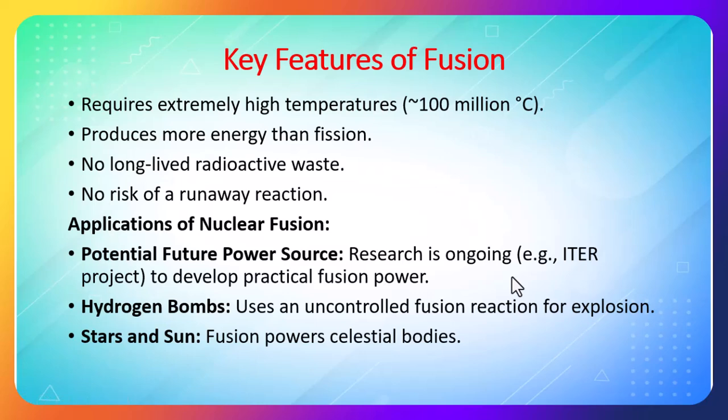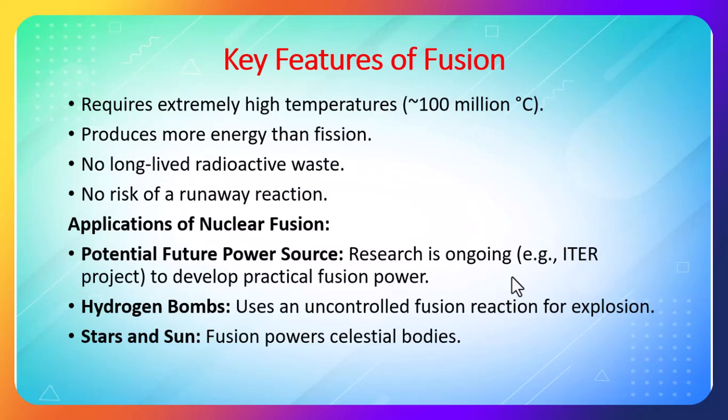Key features: it requires extremely high temperature, produces more energy than fission, and has no long-lived radioactive waste. Whereas in fission you need uranium 235, which is a radioactive material, here it doesn't require any radioactive material. There is no risk of runaway reaction.